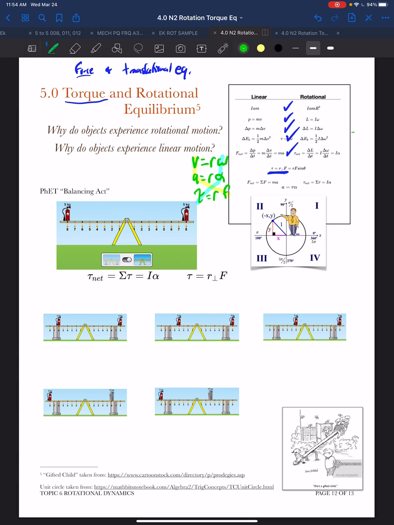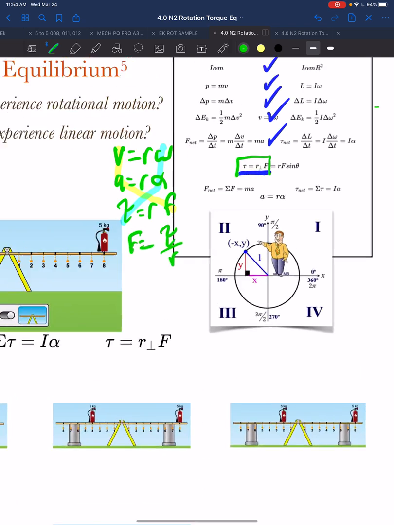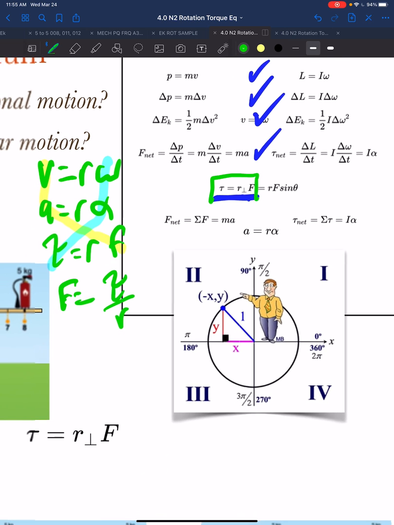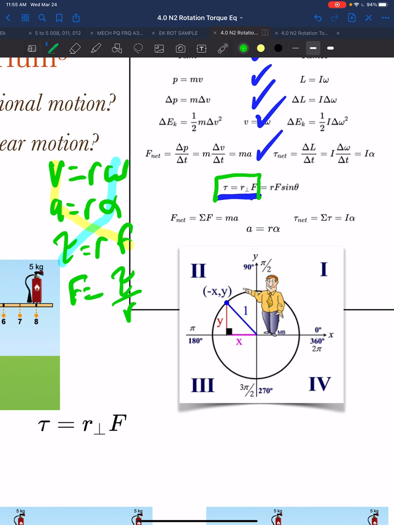So whereas v equals R omega and a equals R alpha, F equals tau over R. And so we can think of this as being a conversion like the others, it just has a little bit different relationship, okay? But what this says is R, the radius, times the force perpendicular, the perpendicular force, is the torque.